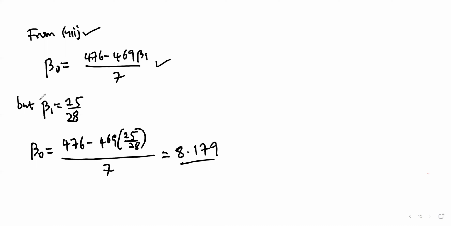We also know that the value of beta 1 that we've just obtained is 25 over 28, or you can work with the decimal value, still okay. Plugging in that value here, you'll end up with beta naught equal to that value. Again, this is an estimate of beta naught, so you put a hat there.